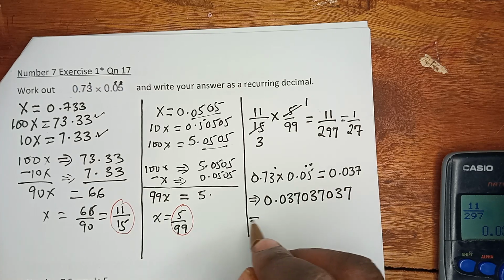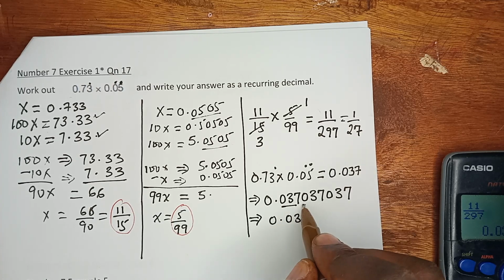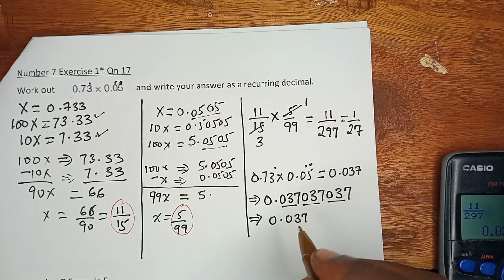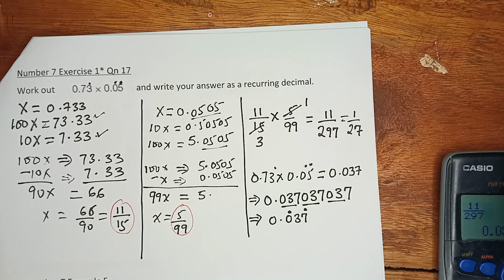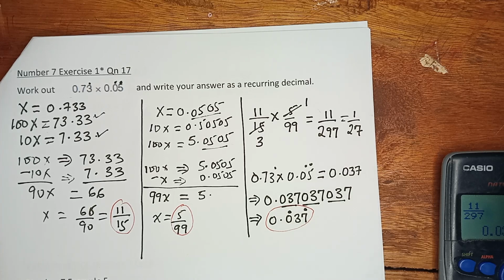So our final submission is 0.037, where what recurs is 037, 037, 037. Our dot is upon 0 and upon 7, meaning that all the digits between the dots are recurring, and that is our final answer.